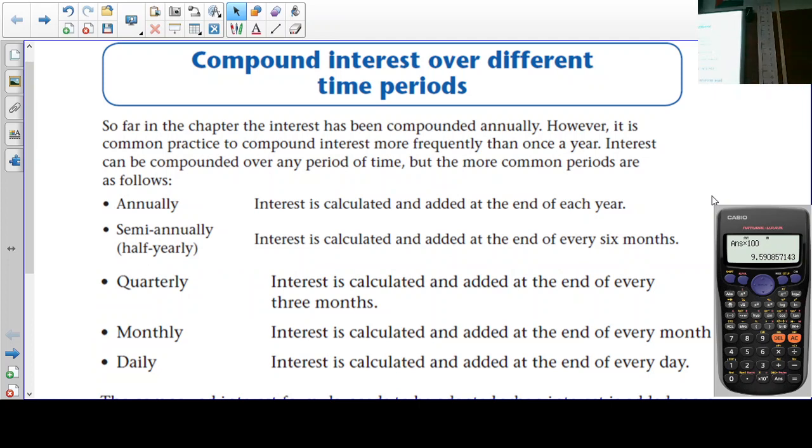Now we're looking at interest over different time periods.